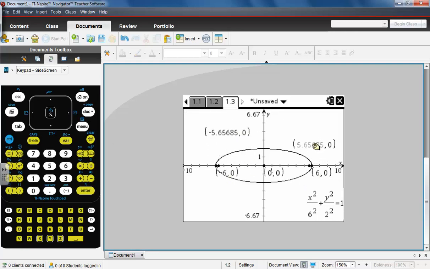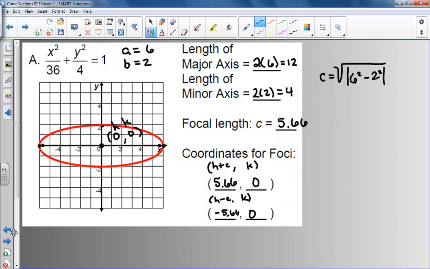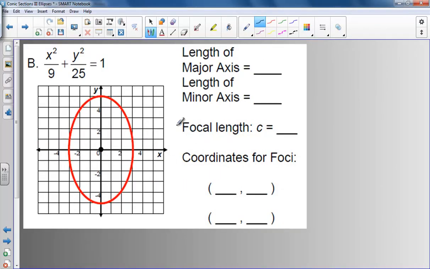So we rounded ours off to 5.66 and negative 5.66, but those are the foci points, and then these are also the vertex points. And you can see it also plotted those focus points right here. And it is just inside the vertex points, which is what we had shown also on our graph here. Okay, again here my center is at 0, 0.